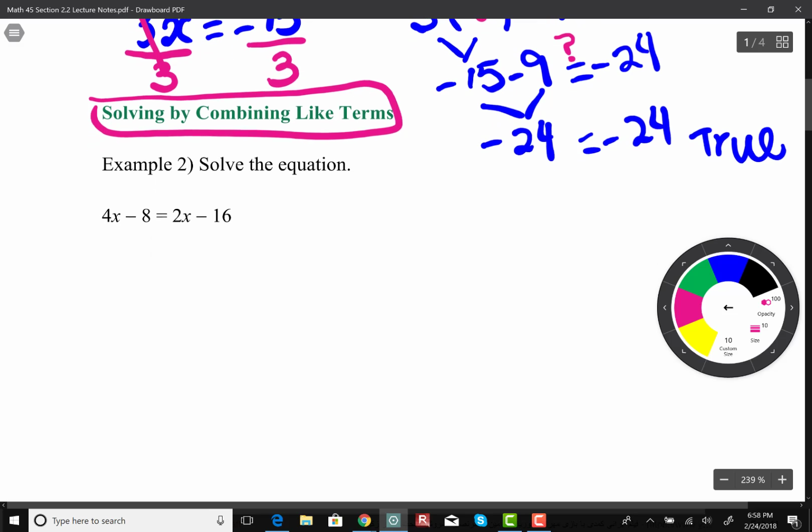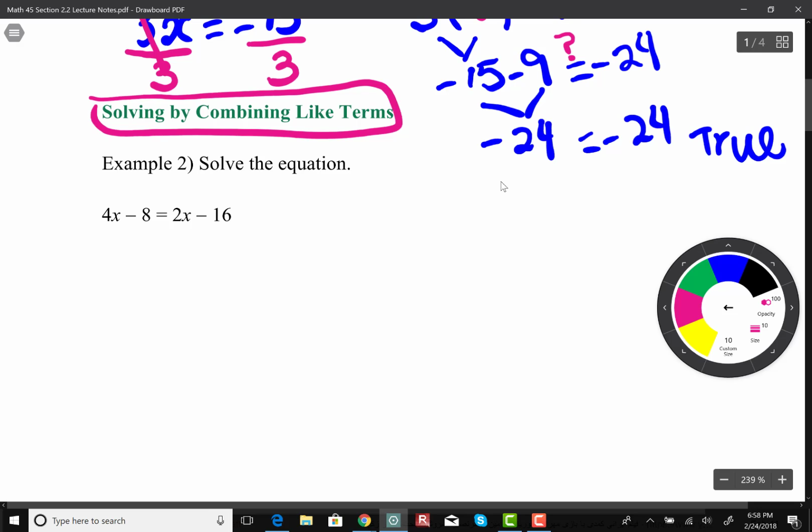You see that the variable term x shows up in 2 places, on the left side of the equation and also on the right side. We're going to have to make sure we move them to the same side so we can combine them. And remember that it doesn't matter which side. Right now we're going to keep it on the left side.